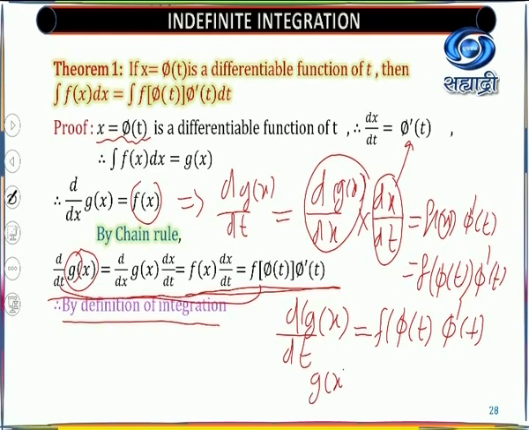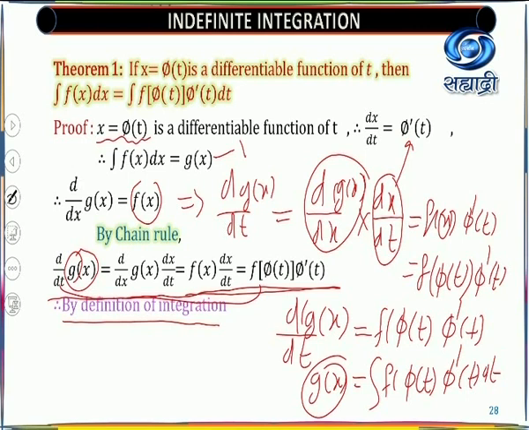So g(x) equal to integral f of phi of t into phi dash of t dt, because that is your definition. But what is g(x)? Definition says that from 1, this g(x) is nothing but integral f(x) dx. So now you got your theorem as integral f(x) dx equal to integral of f of phi t, phi dash t dt.